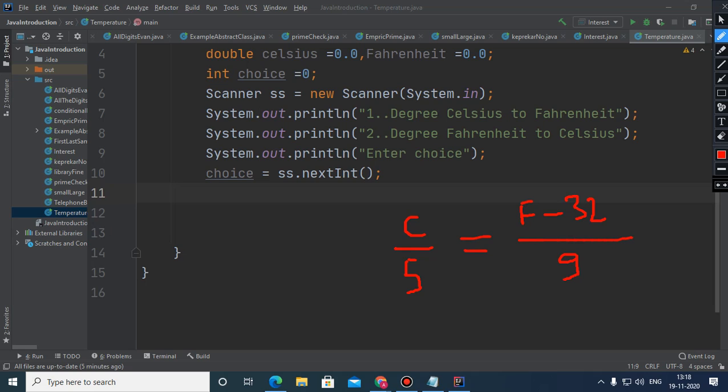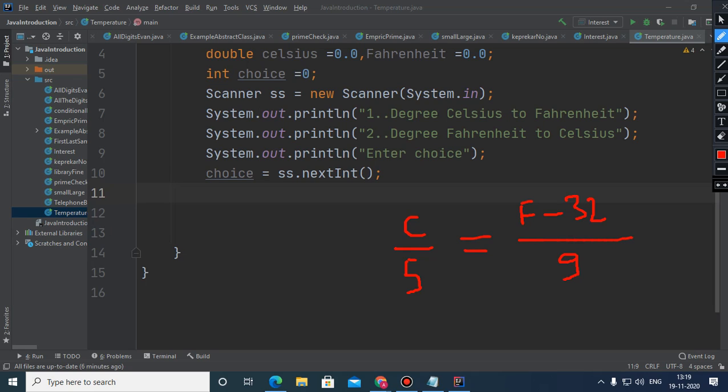So using this relation, we can find the formula of Celsius and Fahrenheit. 9 upon 5 is equals to, if you want to write like that, F minus 32 upon C, it will be.